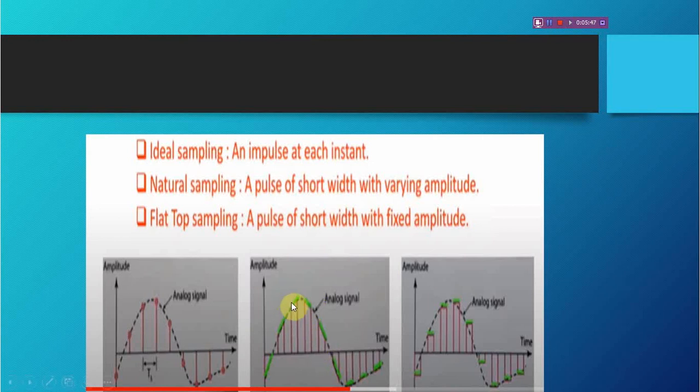So these green lines are pulses with different amplitudes. But in flat top sampling, there is a pulse of short width with a fixed amplitude. Here the amplitudes are equal. The pulses have short width, the width is the same and the amplitudes are also the same.